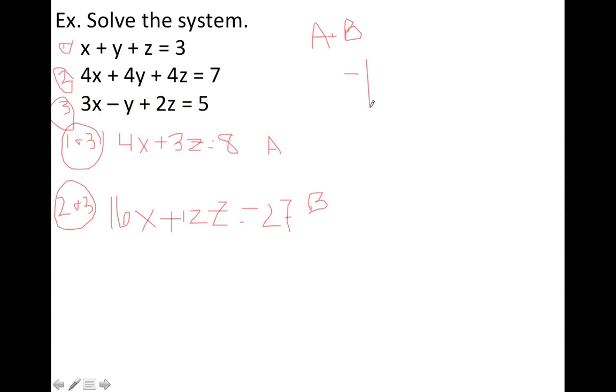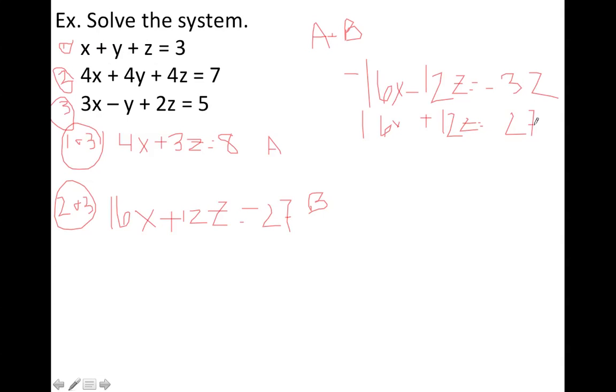So we have negative 16x minus 12z equals negative 32. And we add to that equation b, so 16x plus 12z that equals 27.